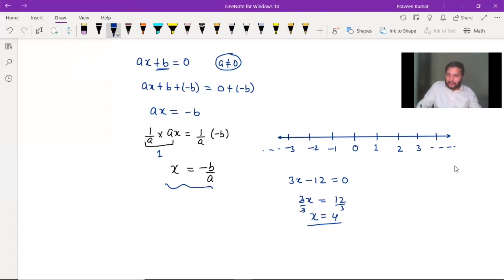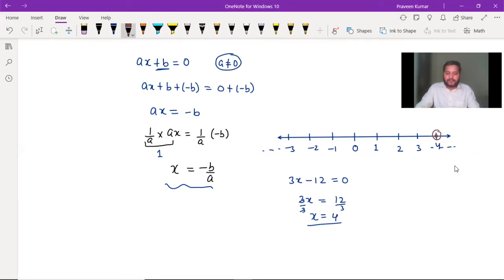So x is equal to 4 will be here. You can just plot this point and this is the solution. This is the geometric representation of the solution of a linear equation in one variable.